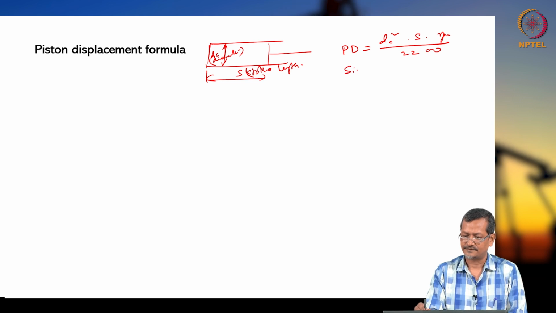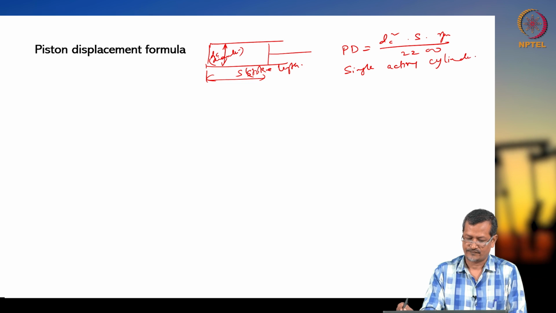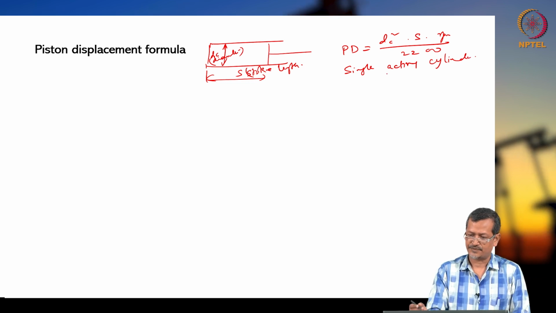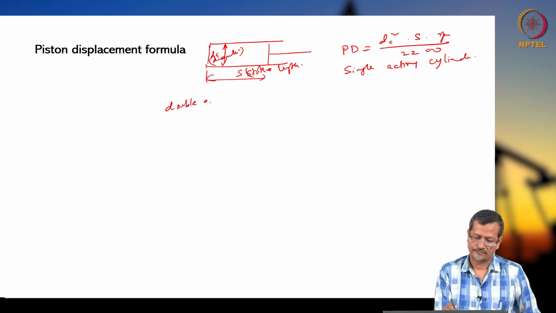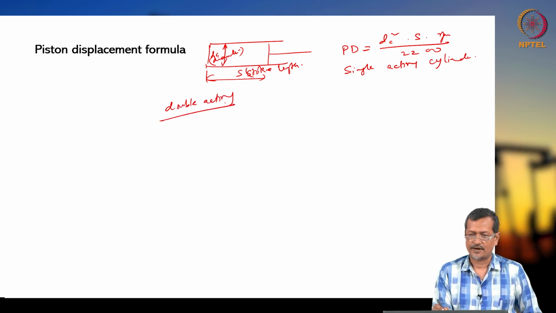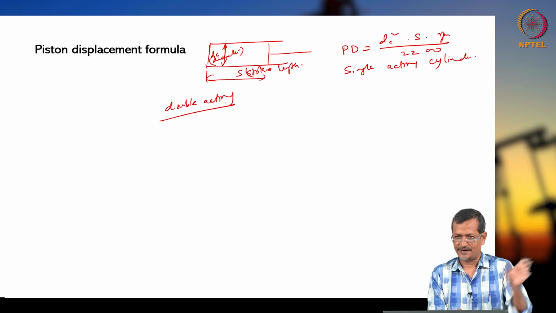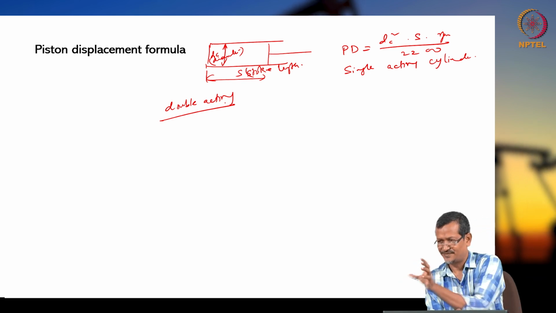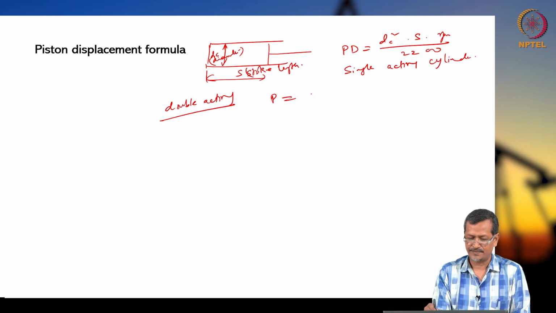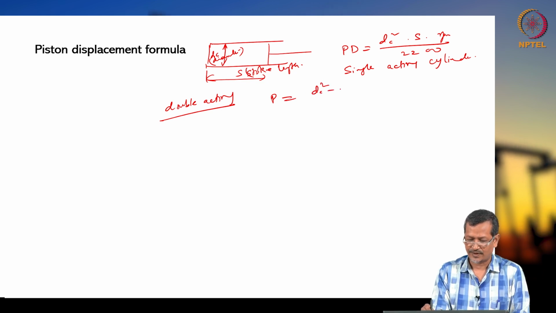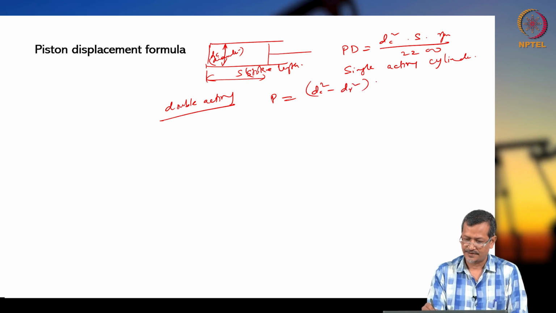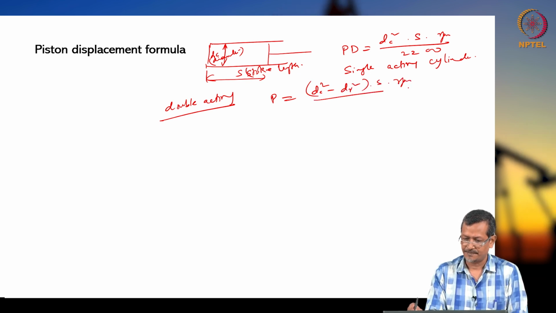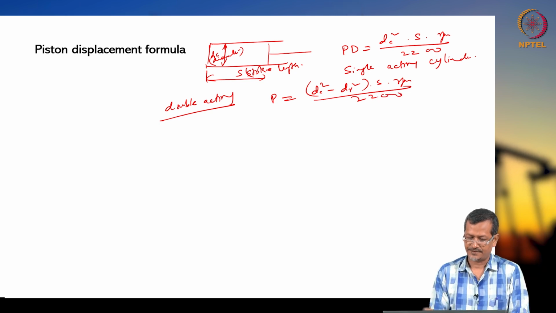This is for a single acting cylinder, head end displacement. If you have double acting, what will happen? Yesterday I told you, there is left side volume and right side volume. So in that case, PD will be (Dc square minus Dr square) S rpm divided by 2200.